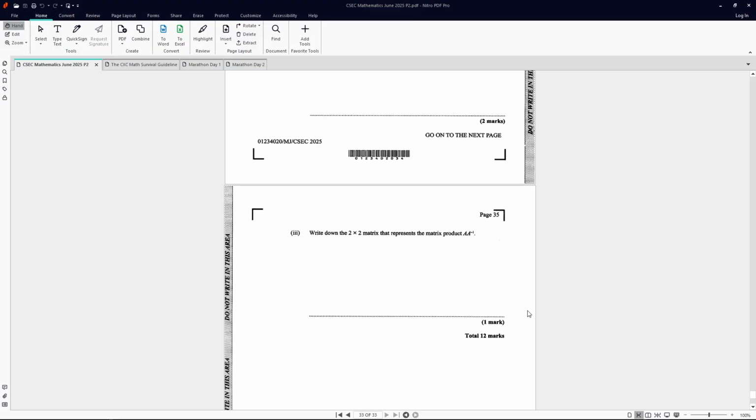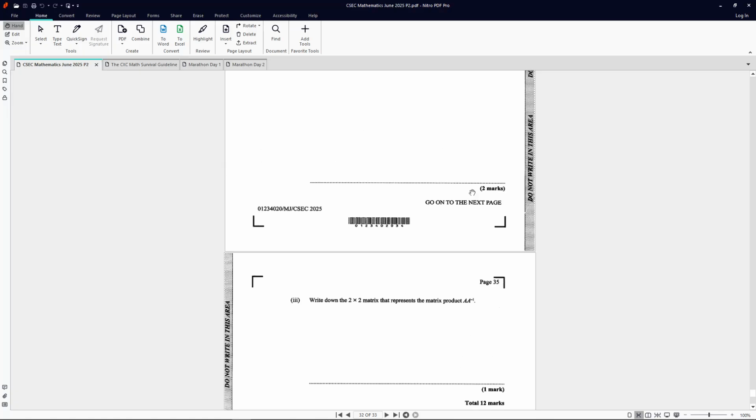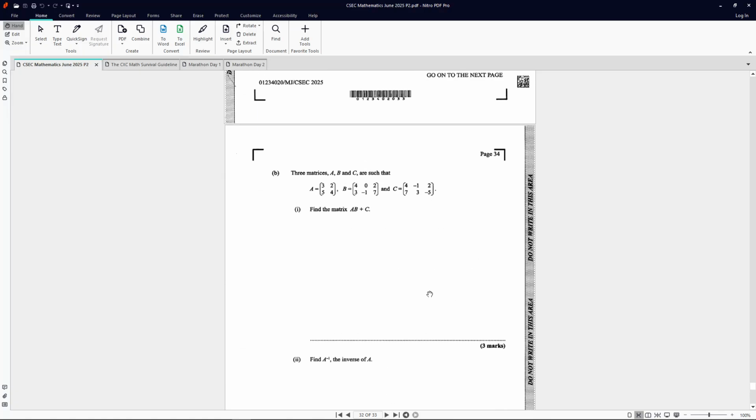So matrices, I think this is where you guys should secure some marks for sure. The most difficult thing that they could ask you on matrices is to do the simultaneous matrix.